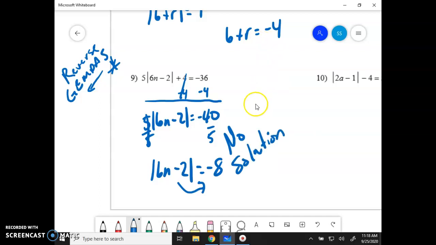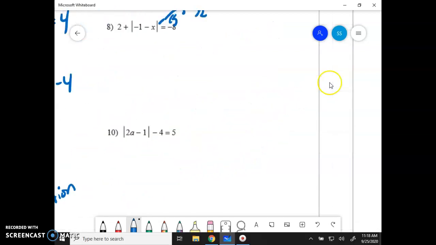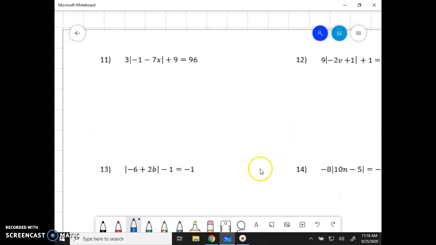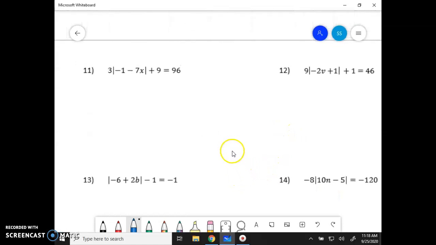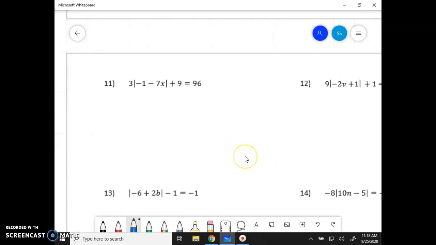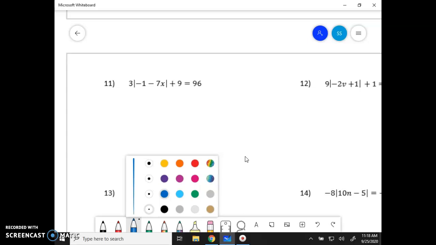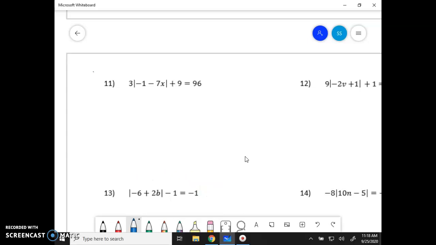Okay. All right, let's do the other odd ones here. 11 and 13. Okay, so 11. My thing's a little too big. I'm going to make this a little smaller. Here we go. All right. First thing I want to do for 11 is subtract 9. Subtract 9.